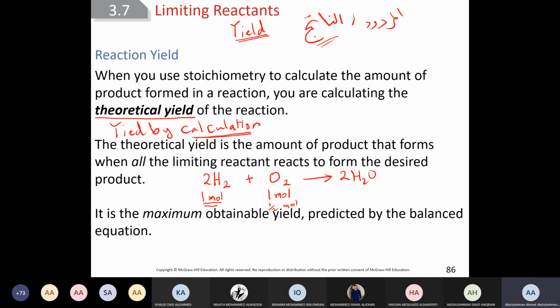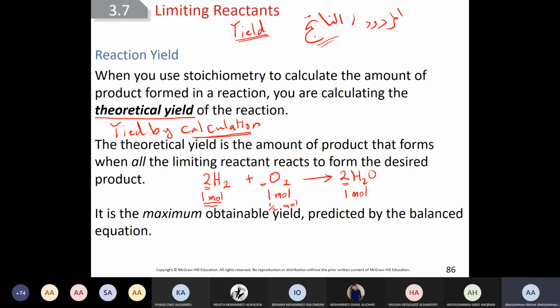Now, how many moles of water are we going to produce? 1 mole will be produced, because 1 mole reacts with half mole to give you 1 mole. You always compare these numbers.